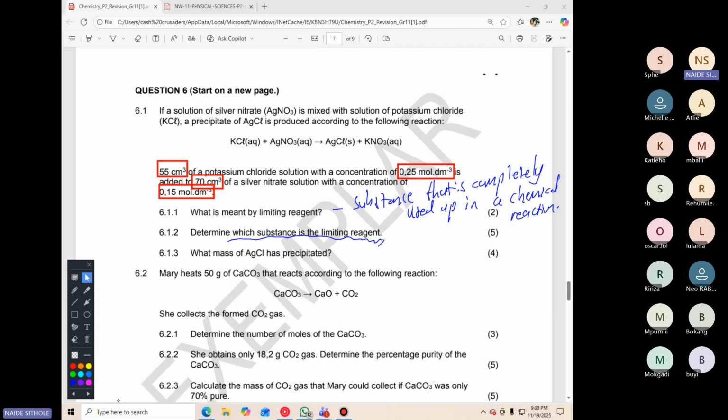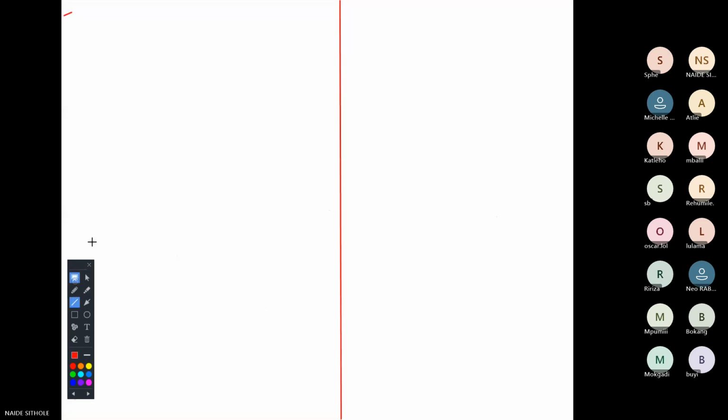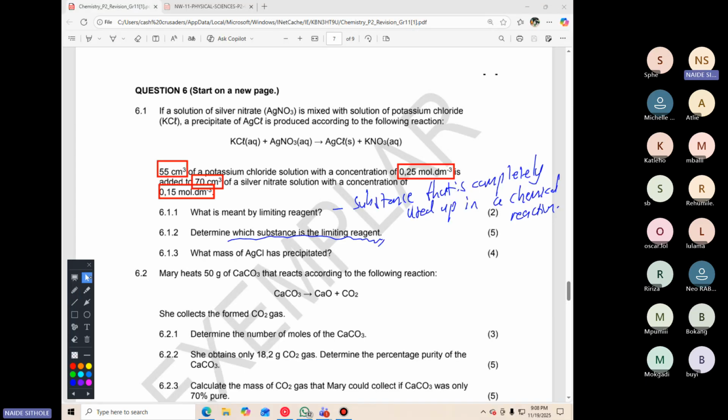So we have potassium chloride, which has a volume of 55 cm³. Then the concentration is 0.25.